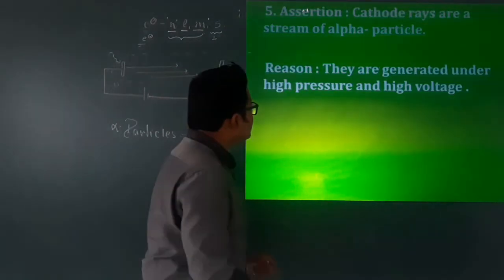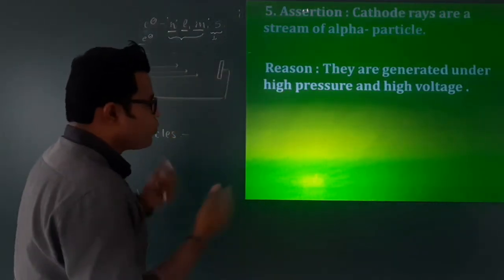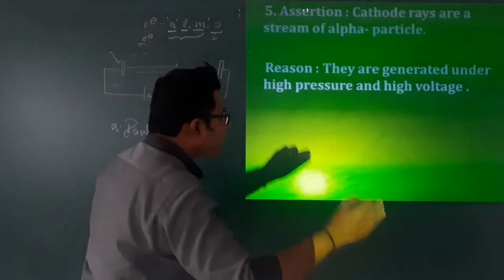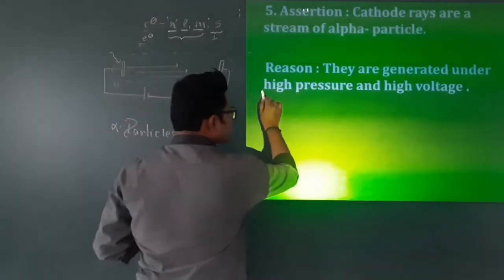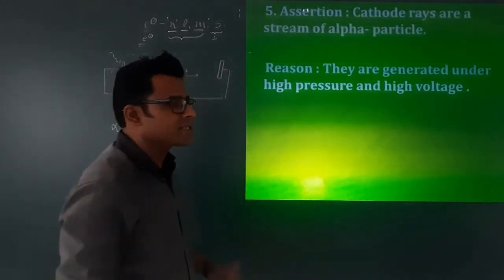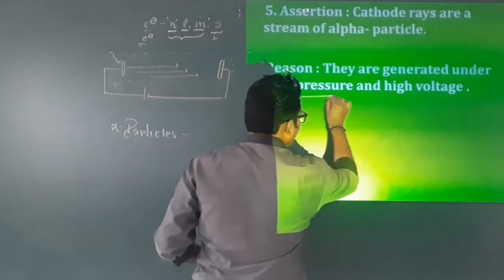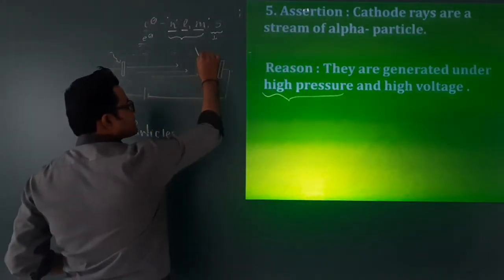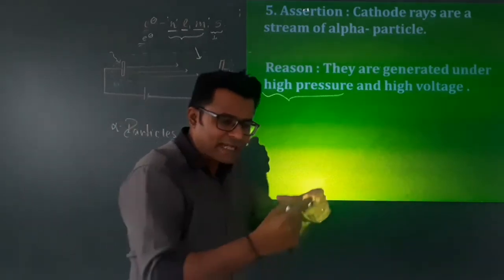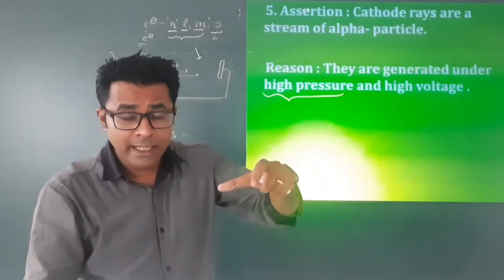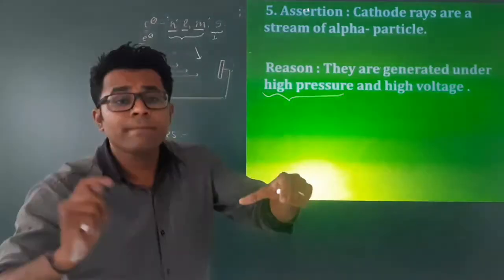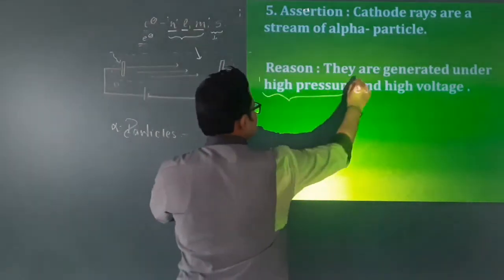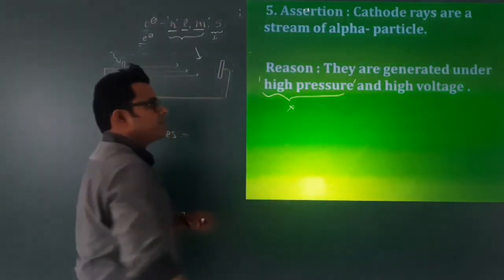Now the next one, the reason. It says they are generated under high pressure. But when we observe the discharge tube, we had a vacuum pump section through which we reduce the pressure. Therefore, this particular statement is wrong.